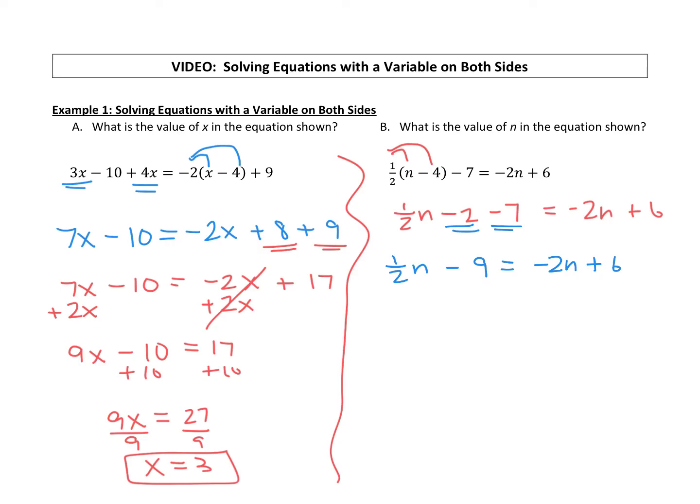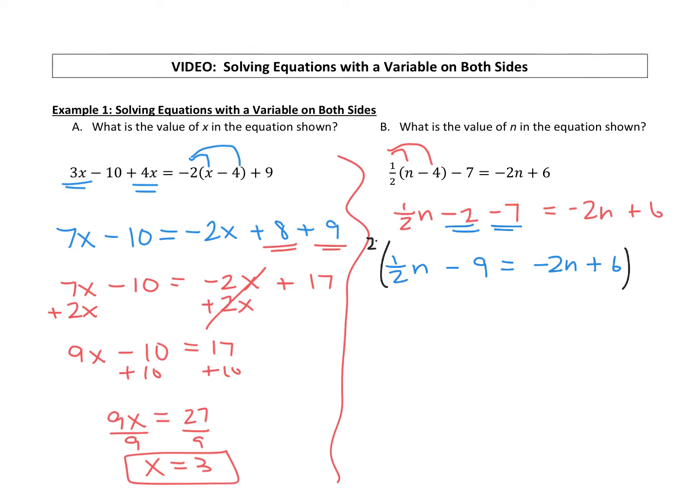Okay, so we have an equation with a fraction. We saw this in a previous lesson. I'm going to show you guys my favorite trick. You can get rid of the fraction and give yourself an easier equation to solve if you do the fraction trick. So let's get rid of our fraction. We're going to multiply everything by the denominator of your fraction, which is 2. But we have to multiply everything by 2.